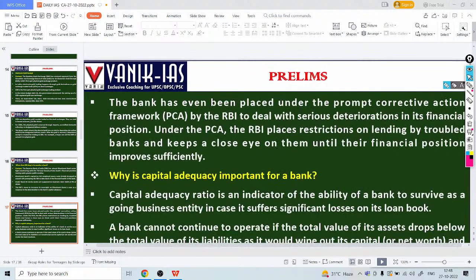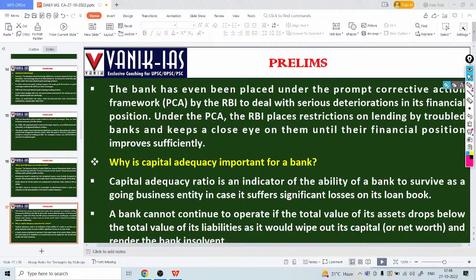The bank has even been placed under the Prompt Corrective Action, PCA, framework, as it is called. Banks having the highest amount of NPA and unable to maintain the capital adequacy ratio are put on the PCA framework by the RBI to deal with serious deterioration in their financial position.